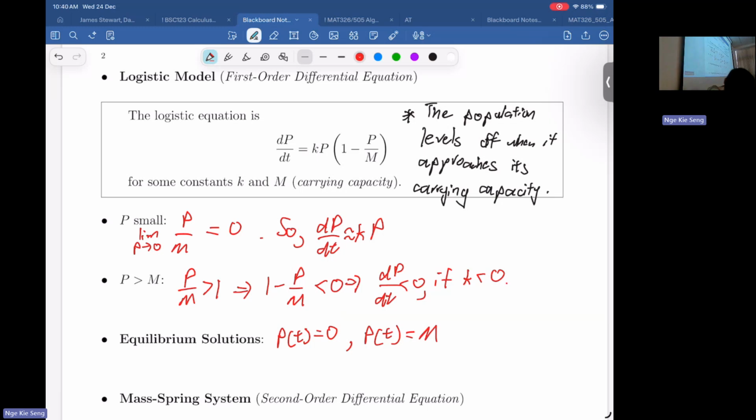Can you see why they are called the equilibrium solution here? Equilibrium means it's stable, no change. No change means what? Derivative is 0. So if they are constant, their derivative will be 0.